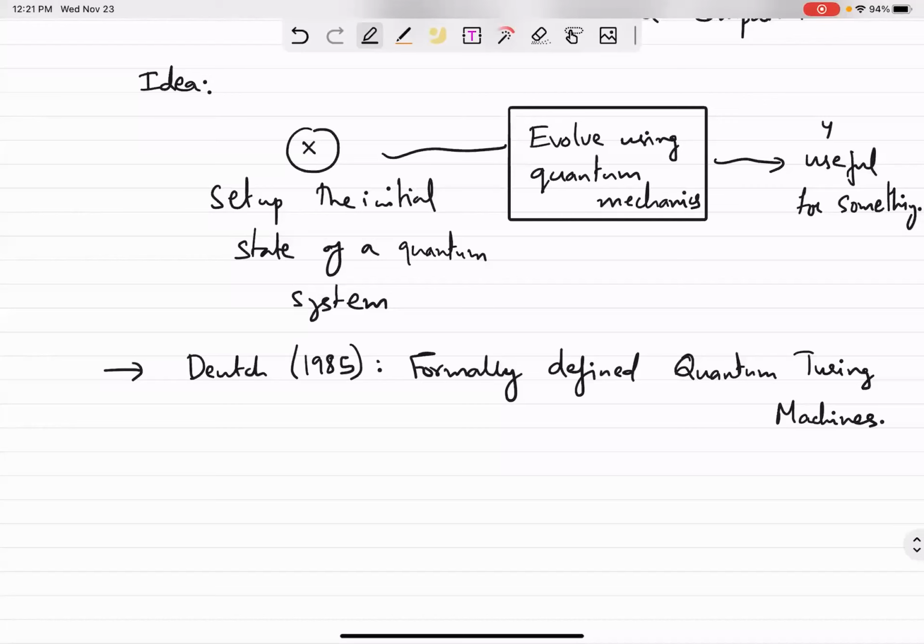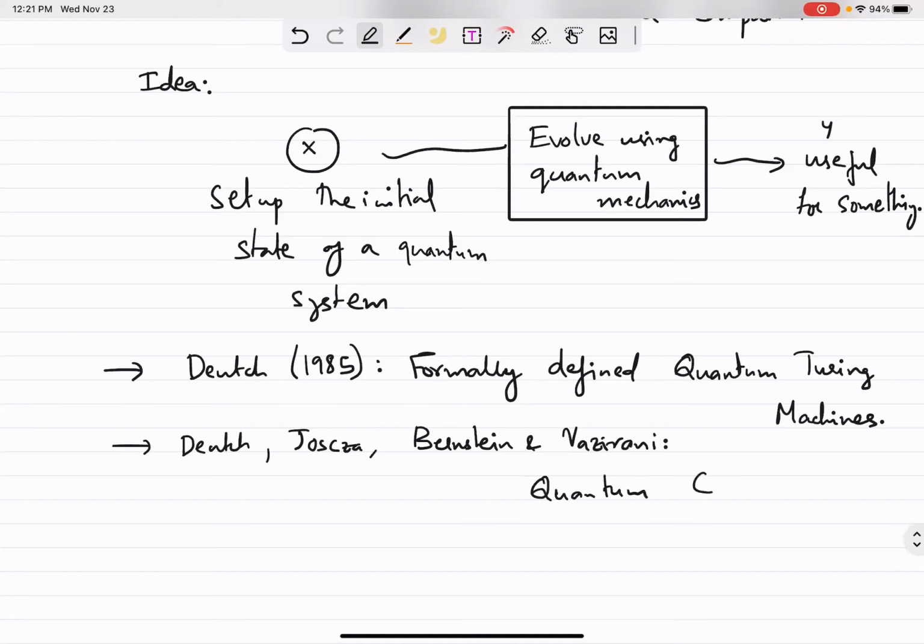Okay, and this was subsequently developed much further by Jozsa and Bernstein and Vazirani to what we call essentially quantum computers.